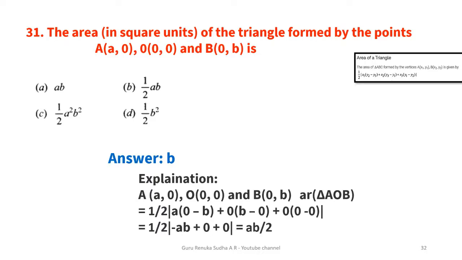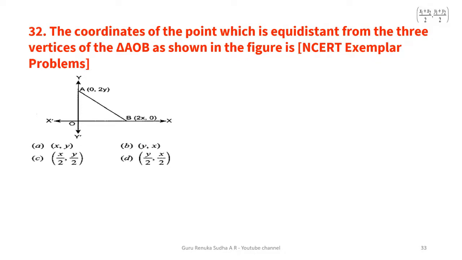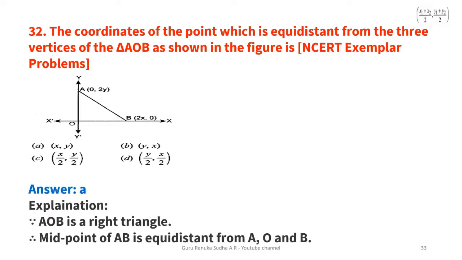There, the coordinates of the point which is equidistant from the three vertices of triangle AOB as shown in the figure. See here, the figure they have given and we have to choose which is the right answer. So I have used the midpoint formula and substituted, and then I got the answer x comma y.